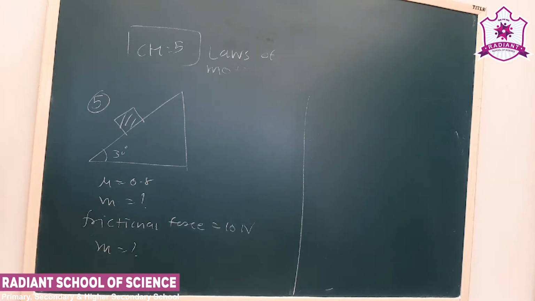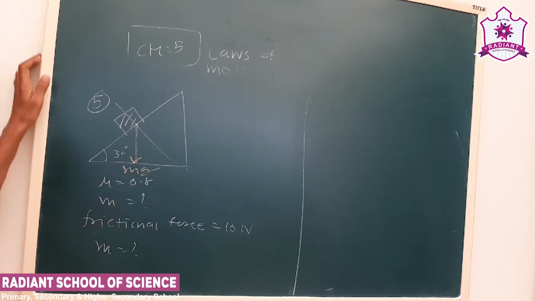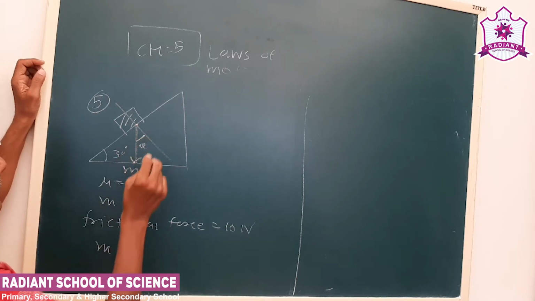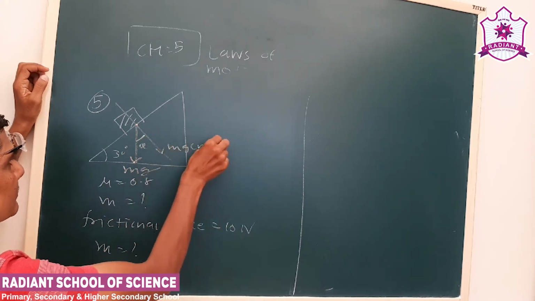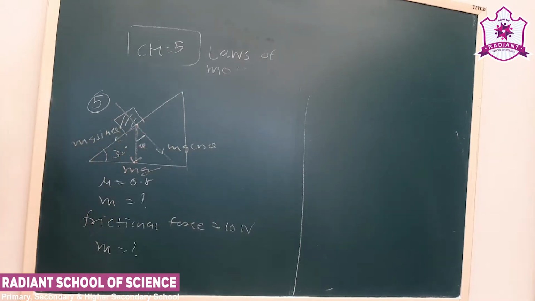Now we have discussed earlier, the frictional force prevents impending motion. The block weight is mg. Theta is the angle, that is given as 30. This component will be mg cos theta, and this will be mg sin theta.